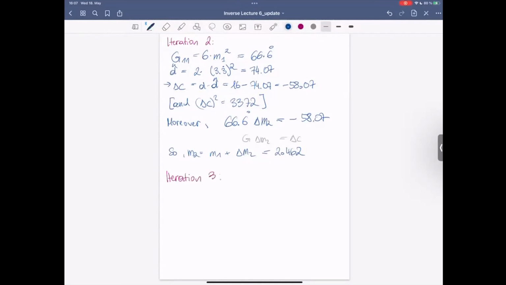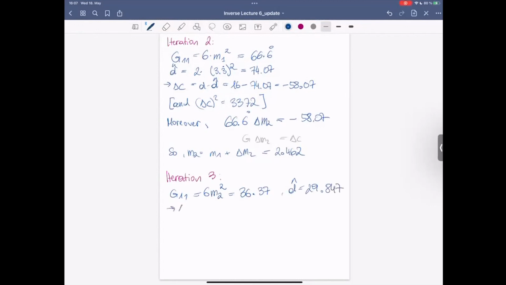So we have now G11 equals 6 times M2 squared. We plug in the M2 from before, yielding 36.37. And now our predicted data equals 29.847.